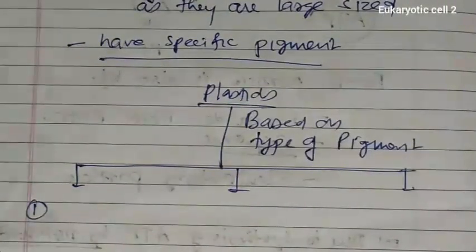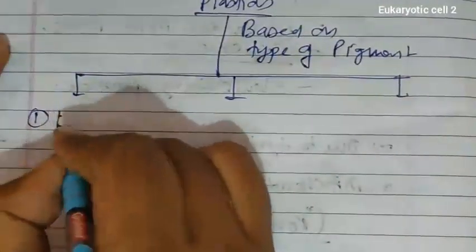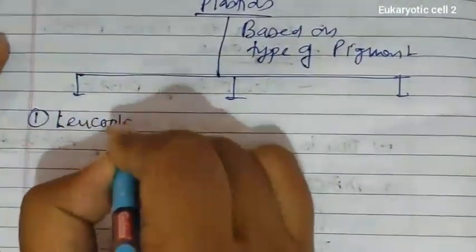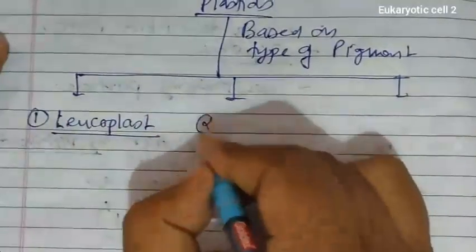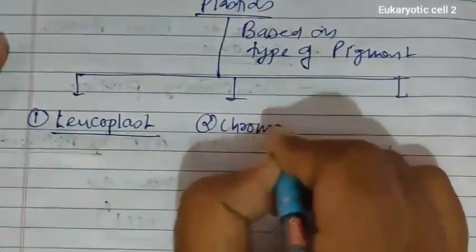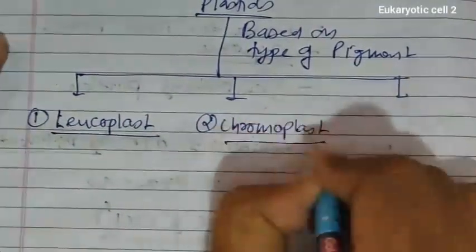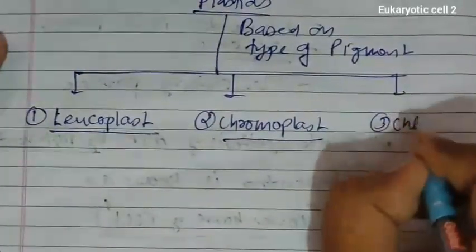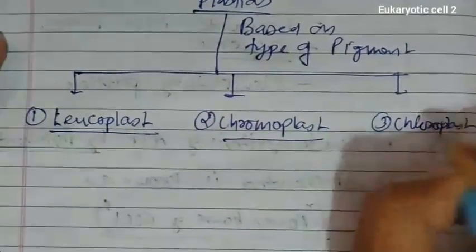Number 1, leucoplast. Number 2, chromoplast, and number 3, chloroplast.